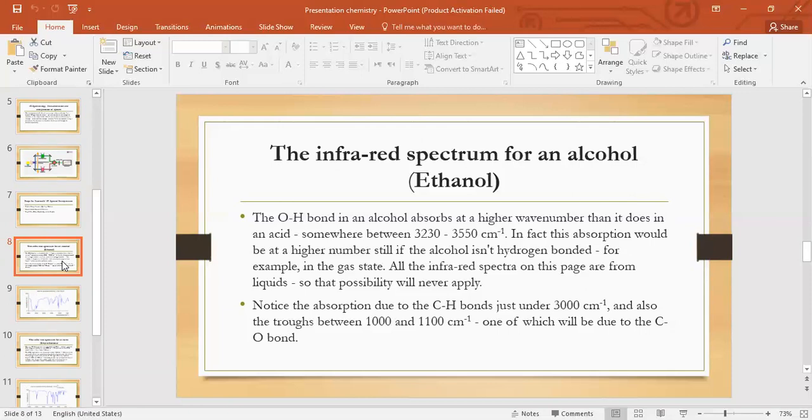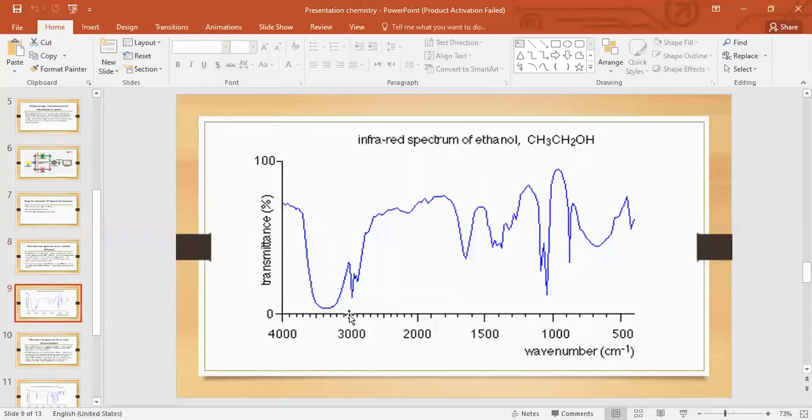Notice the absorption due to the CH bond just under 3000 per centimeter, and also the trough between 1000 and 1100 per centimeter, which will be due to the CO bond. So here is the graph of ethanol.